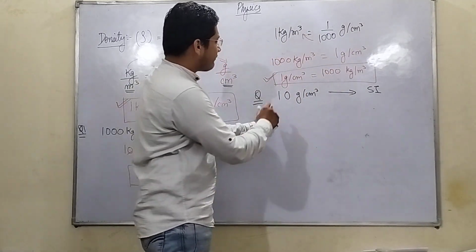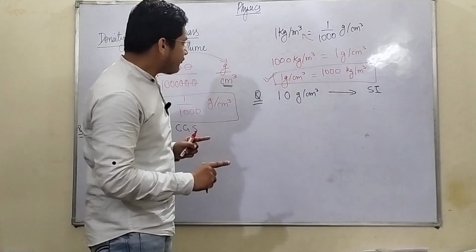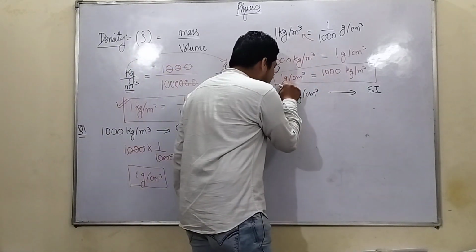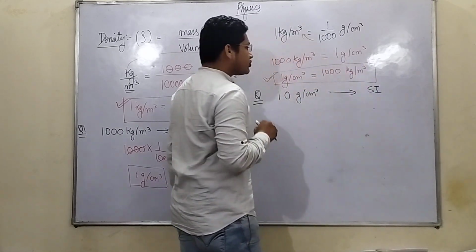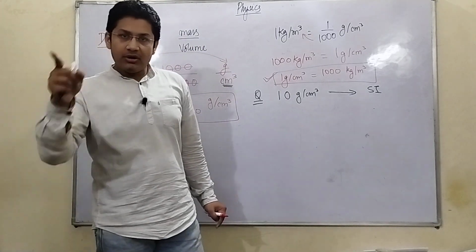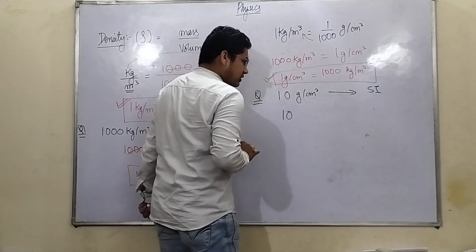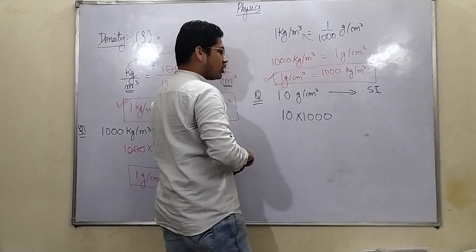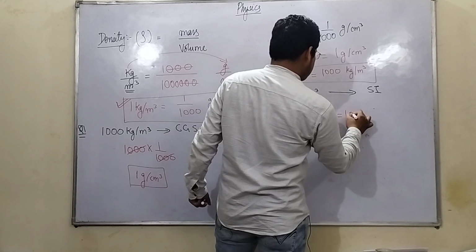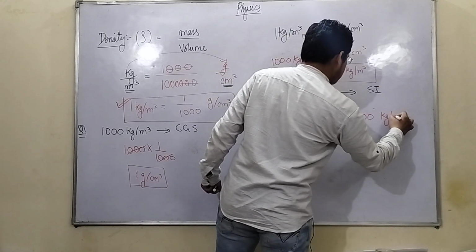It means that if we have to convert from gram per centimeter cube to kilogram per meter cube, we have to multiply it by 1000. So now 10 into 1000. What will come? 10,000 kg per meter cube.